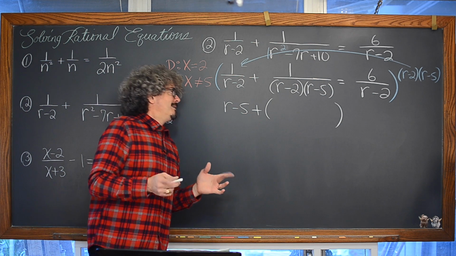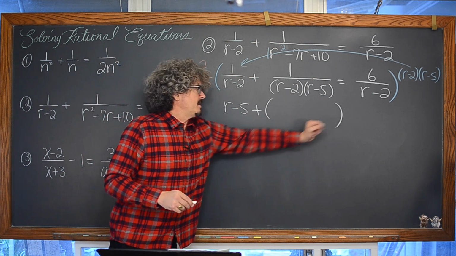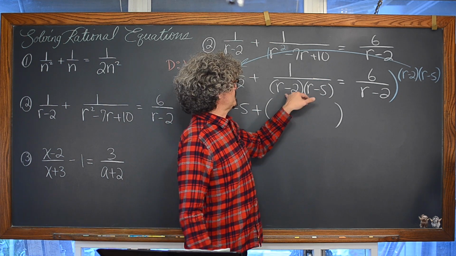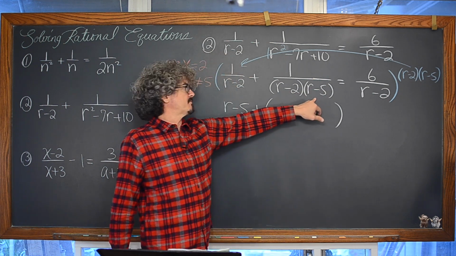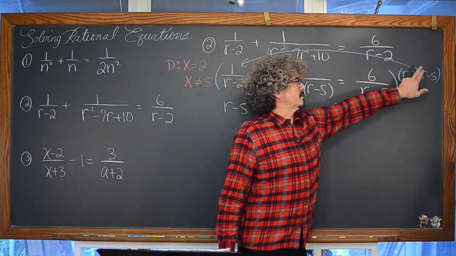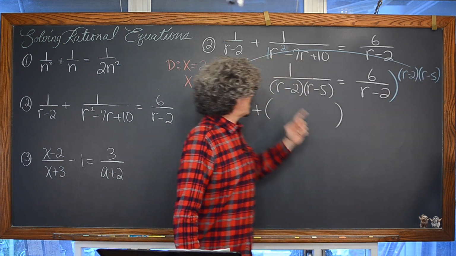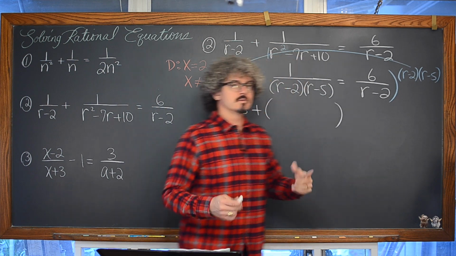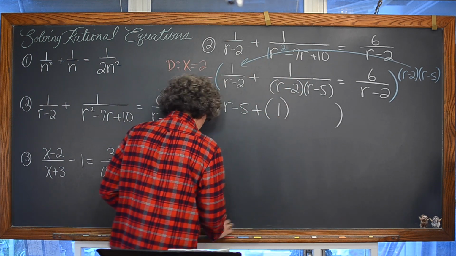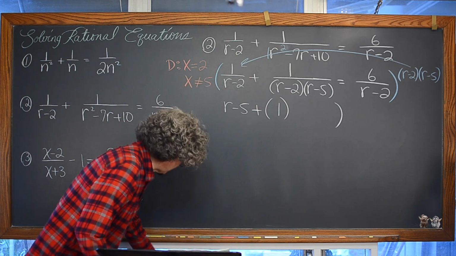The parentheses really aren't needed here because it is just addition. Also, when you take r minus 2 times r minus 5, which is in the denominator, and multiply it by r minus 2 times r minus 5, all of those factors are going to cancel out, just leaving us with 1. So I'm showing a little bit less work than I did with our first example.